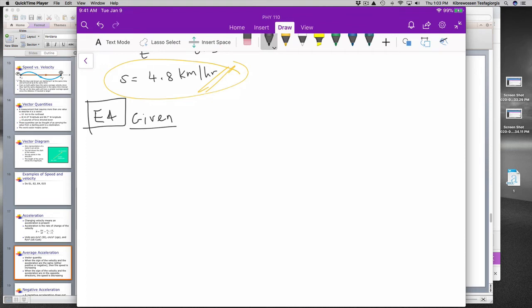A driver drives for 2.5 hours. That 2.5 hours is associated with time, right? At an average of 60 miles per hour.